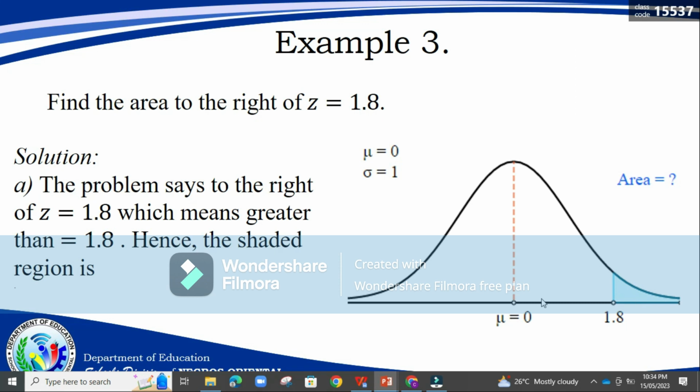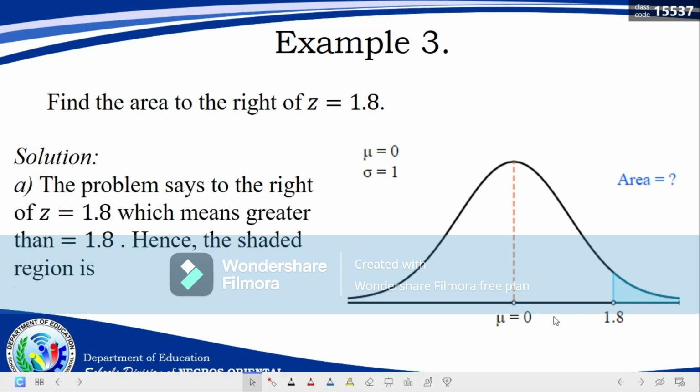The problem says to the right of Z is equal to 1.8, which means greater than 1.8, hence the shaded region is here. So we're going to solve this one. This is how we're going to solve.